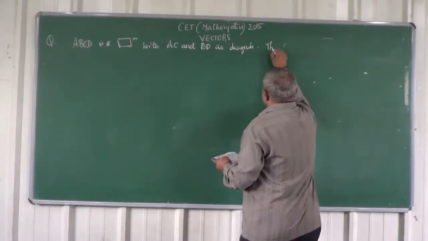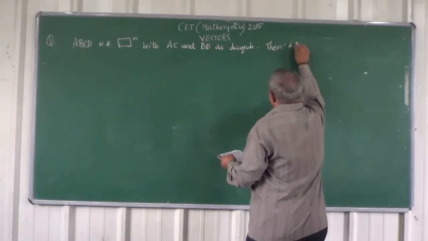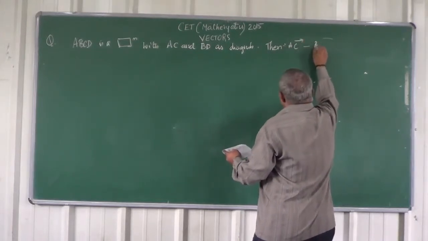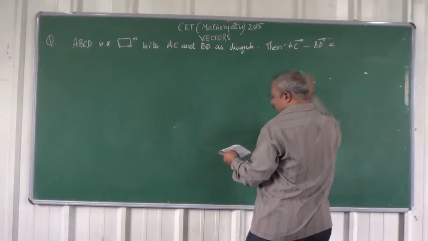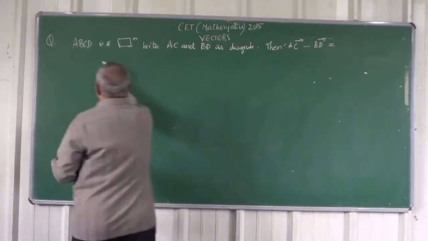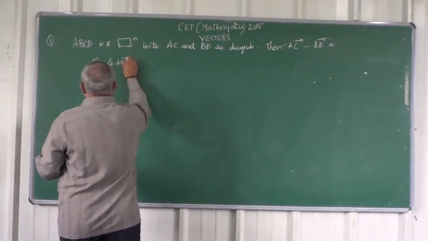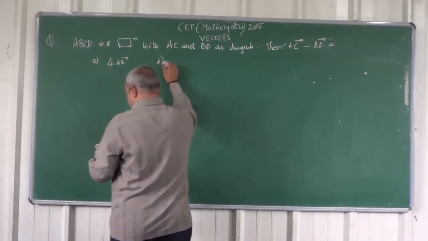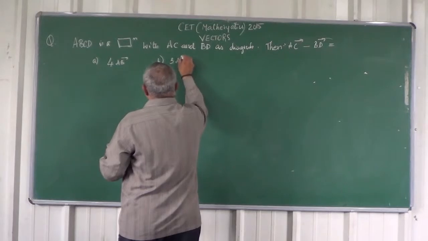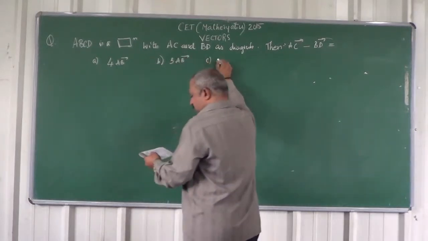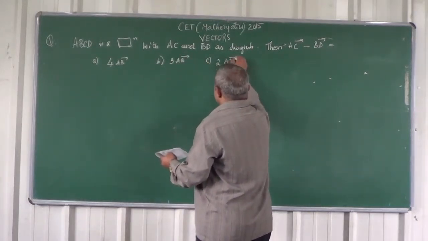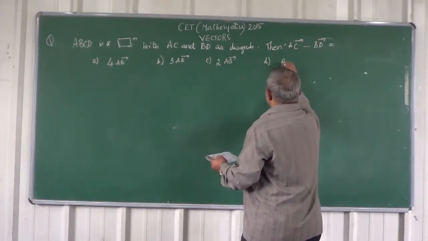Then vector AC minus vector BD is equal to: option A, 4 times vector AB; option B, 3 times vector AB; option C, 2 times vector AB; option D, vector AB.